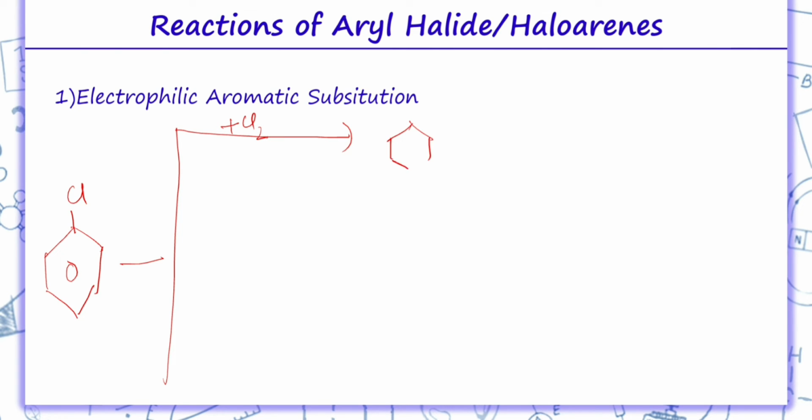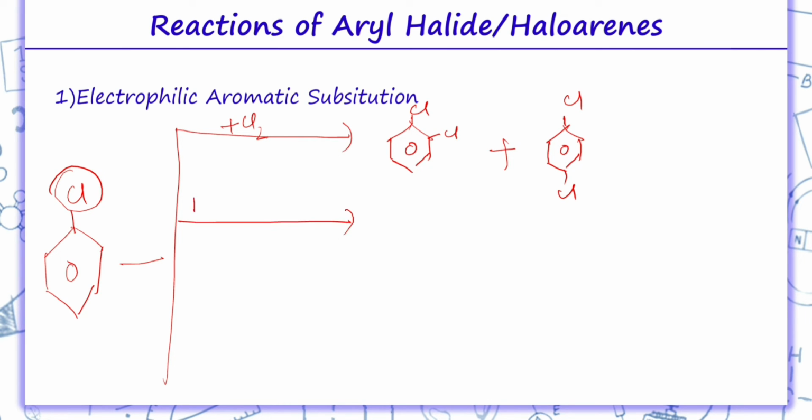Then Cl will be attached in the ortho and para positions, because the Cl attached to the benzene is ortho and para directing. If we are performing nitration, meaning reacting with concentrated H2SO4 and concentrated HNO3, the nitro group will be attached at ortho and para positions.